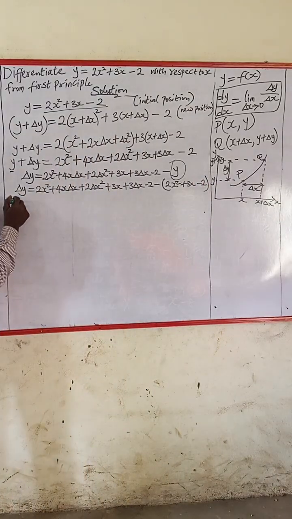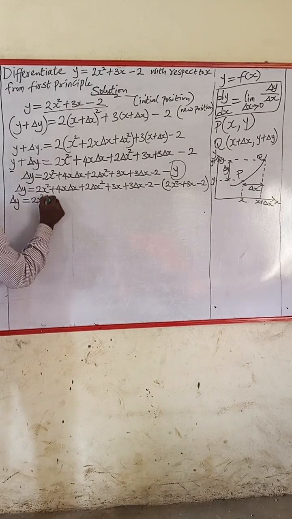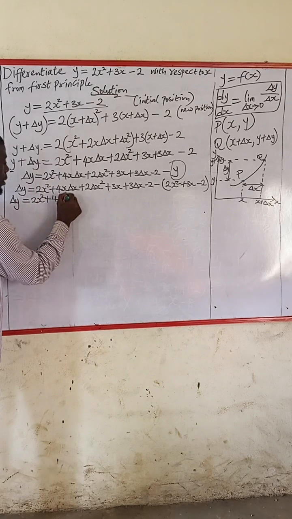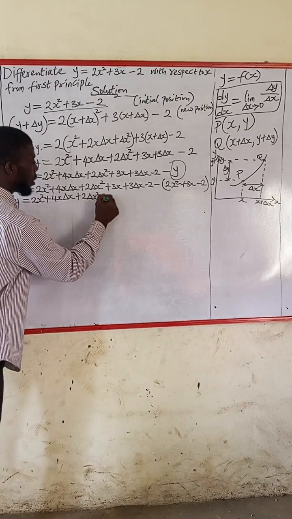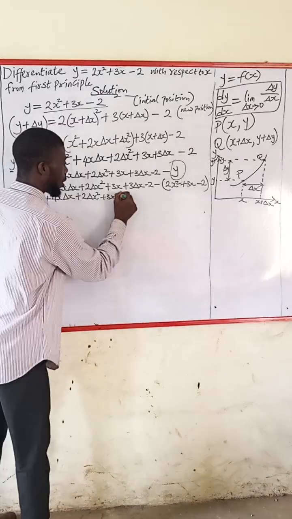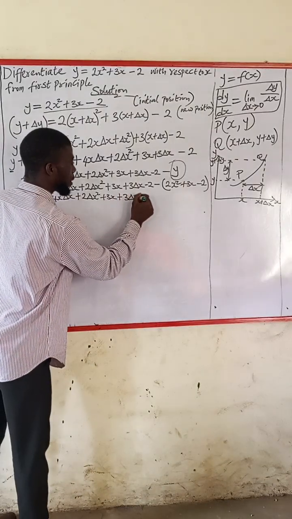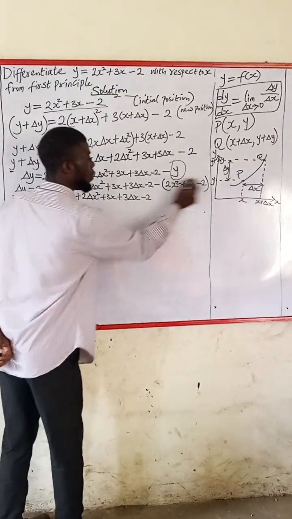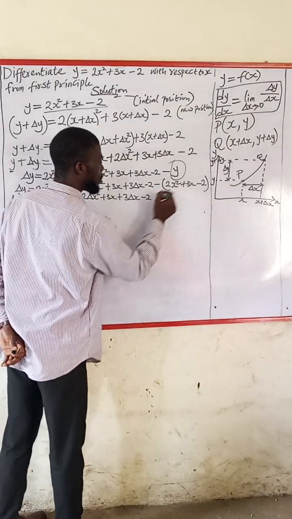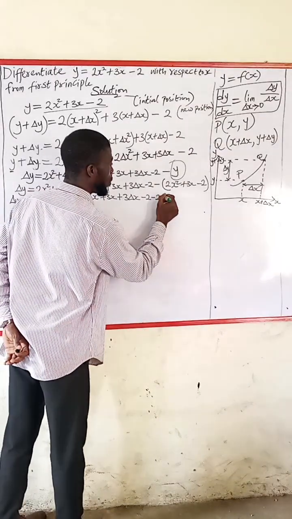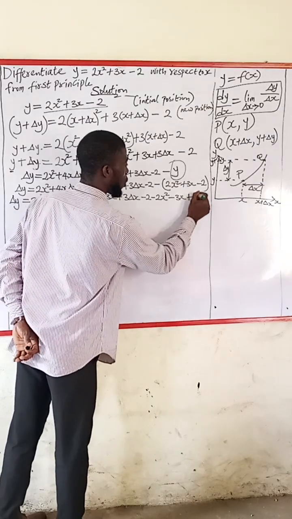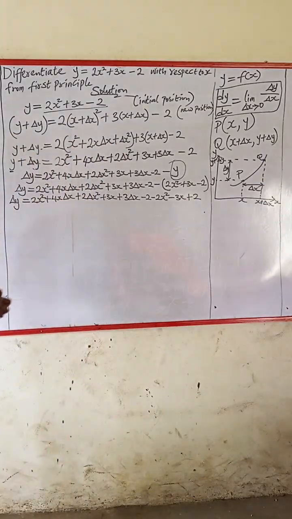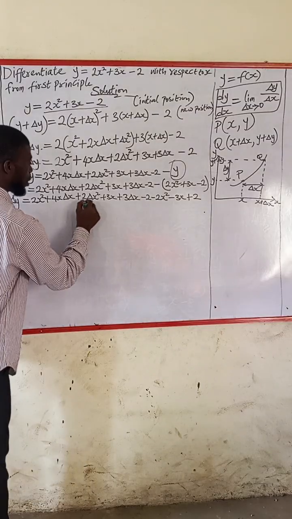Okay, we'll proceed to remove the bracket. This will give us that changing y is equal to 2x squared plus 4x changing x plus 2 changing x squared plus 3x plus 3 changing x minus 2. When we remove this bracket, this will give us minus 2x squared minus 3x plus 2.